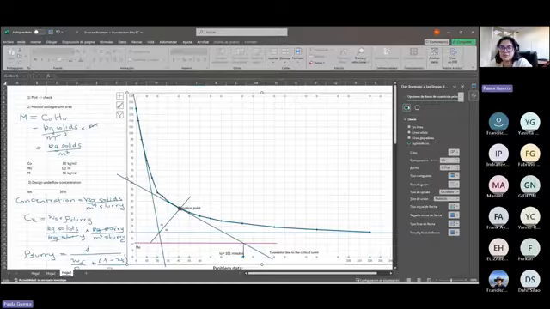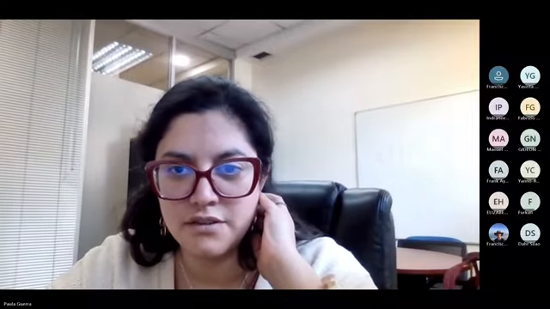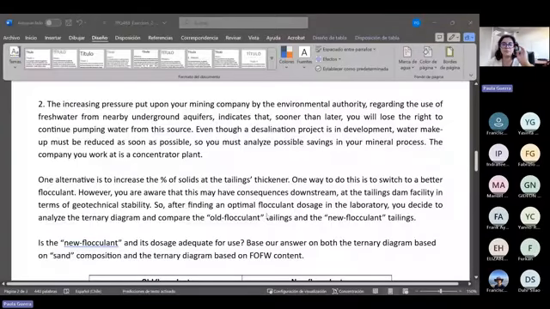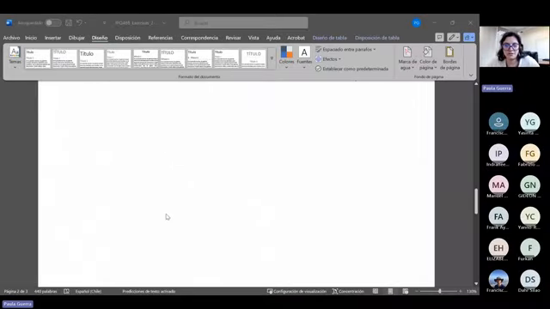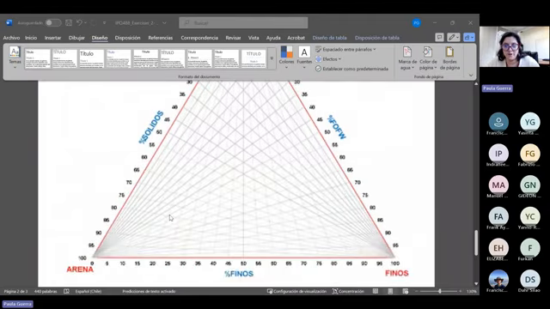Okay. So I'm going to stop sharing and now we're going to go back to the problem statement. Our following problem is we're going to use the ternary diagram.